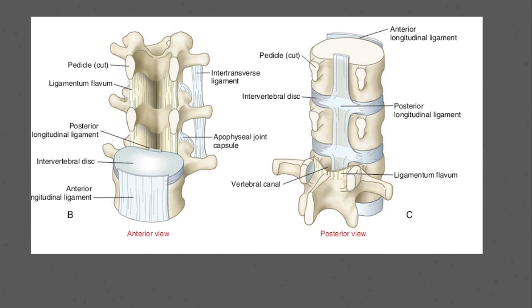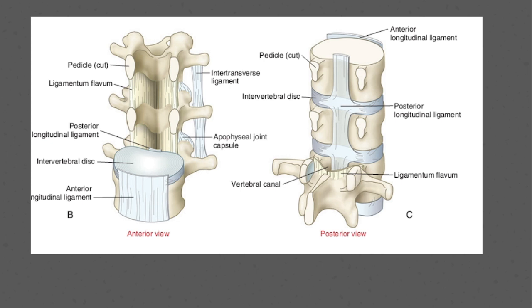This tells us why the disc bulge always happens posteriorly, because the posterior longitudinal ligament has less tensile strength than the anterior longitudinal ligament. Also, there are other reasons for that, but this is one of the reasons. The posterior longitudinal ligament runs throughout the length of the posterior surface of all vertebral bodies between the axis, C2, and the sacrum.